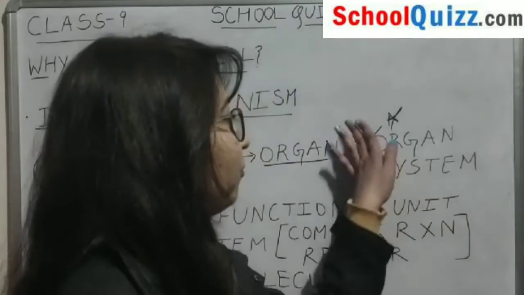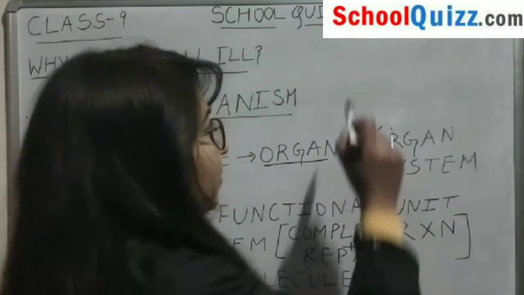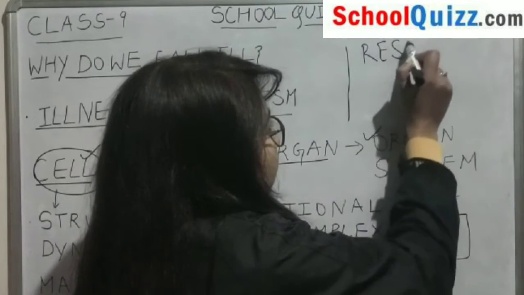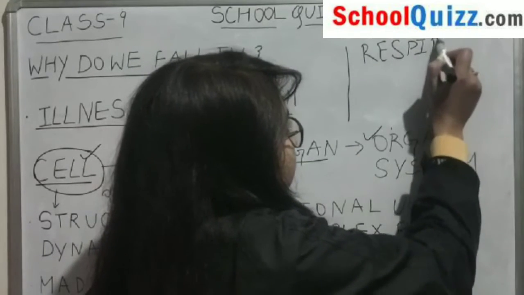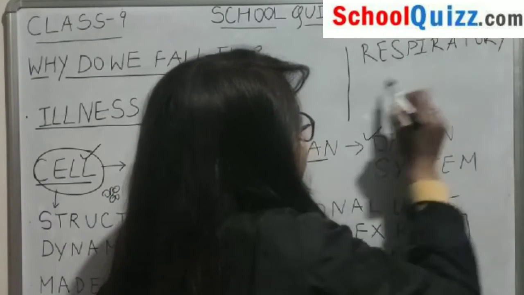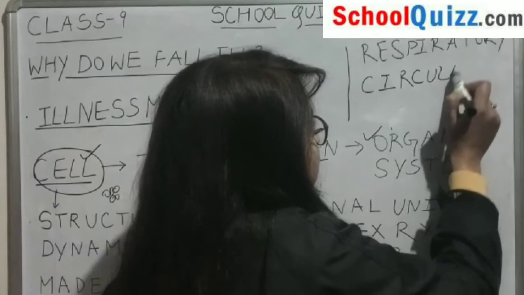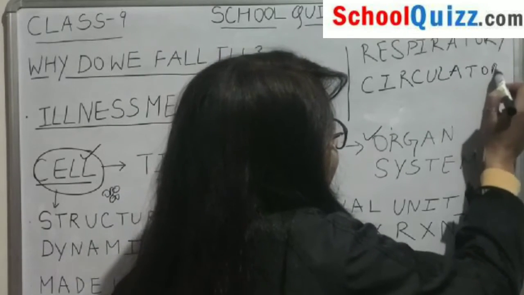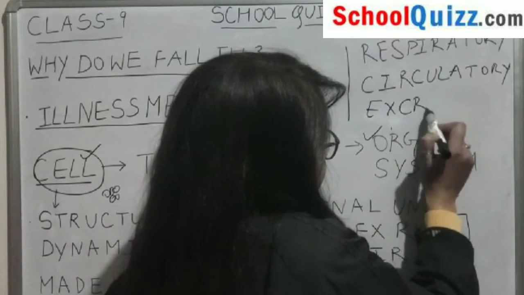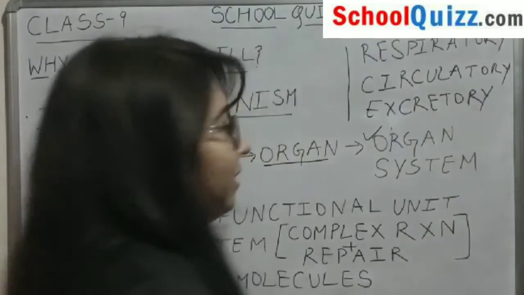Okay, if we have to classify the kinds of organ systems, they can be classified as respiratory system, we can have circulatory system, we can have excretory system.